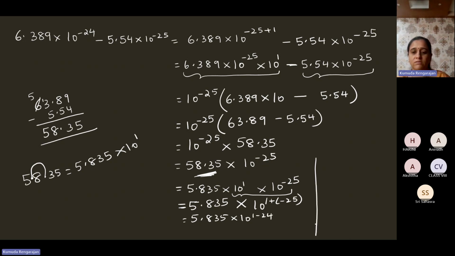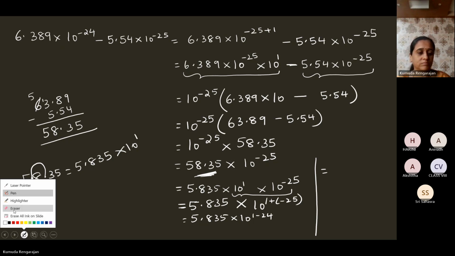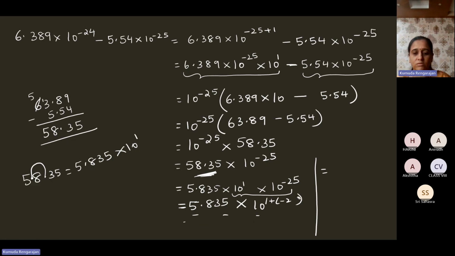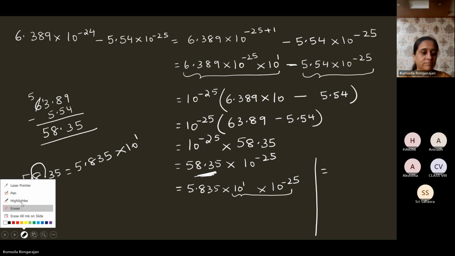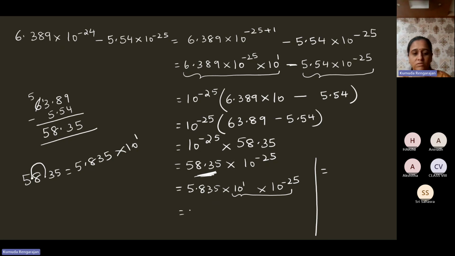Let's finish it here. I'll just write this also and then repeat this. Okay, so it is 5.835 into, the bases are the same and it's multiplication, so we need to add the powers 1 plus minus 25.